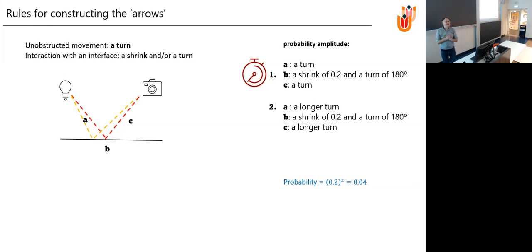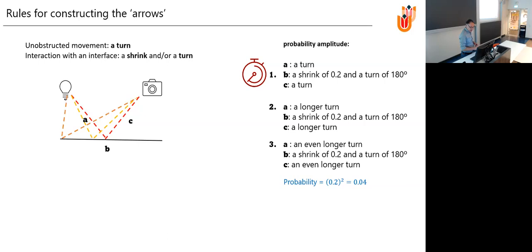So in the orange case, the A path is a shorter turn because the path is a little bit shorter, and the other one is a longer turn because the path is a little bit longer.